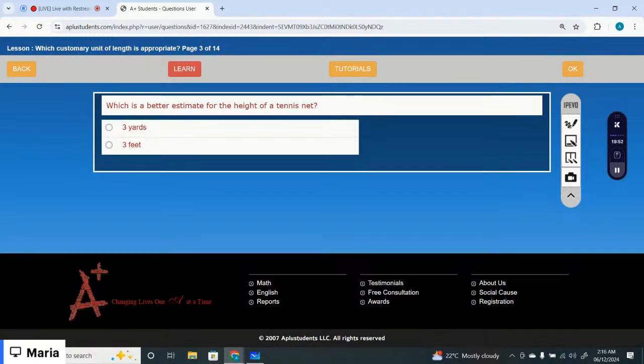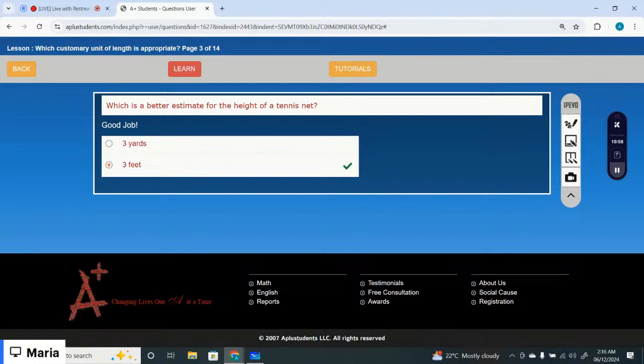Height of the tennis net, right? That would be 3 feet.